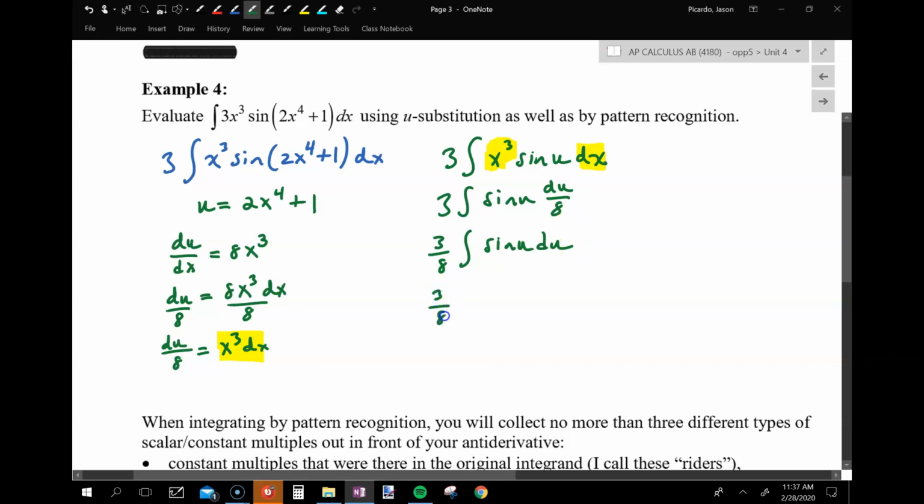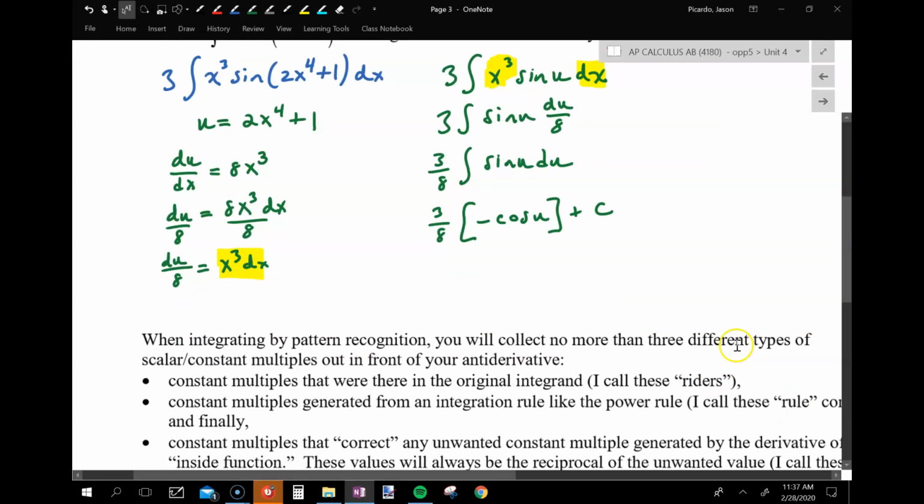Very good. All right. So now I just substitute back in. So I have -3/8 cosine of 2x to the 4th plus 1 plus c.